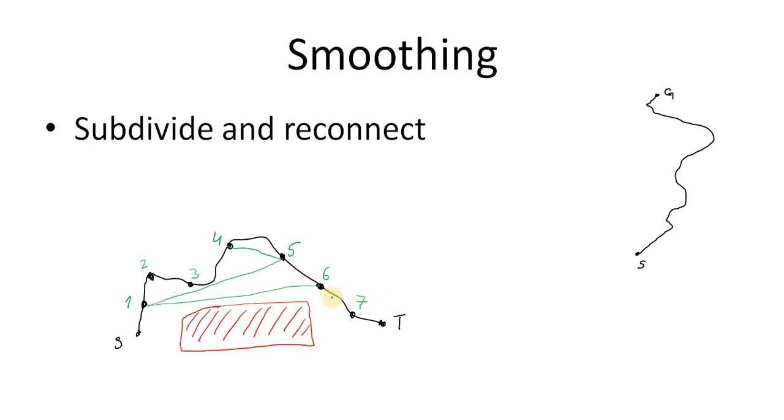In this way, you can see that we have removed many jerks, many unnecessary portions of our path, and you can make the path shorter and also smoother as compared to the original path. So this was the main idea behind path smoothing by subdivide and reconnect.